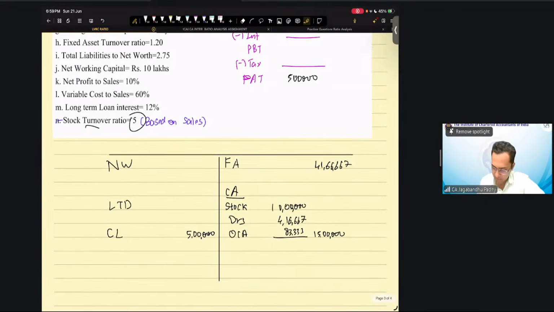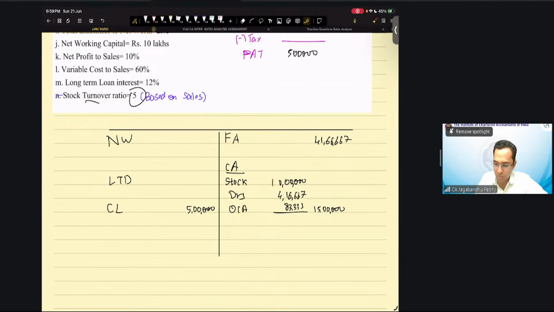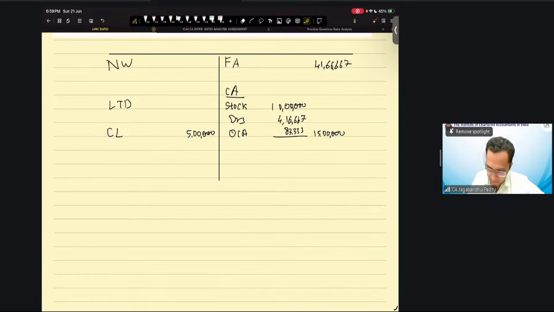Total liabilities to net worth is 2.75. So how do we get that value now? Of course, the total of assets is available with us. Total of assets is how much? 41 lakh 66 plus 15, which is 56 lakh 66,667.